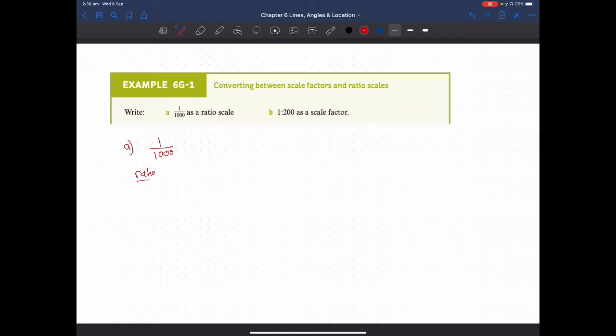So a ratio, that is 1, the number which is on the top line, to 1000, the number that is on the bottom line. Part B gives us a ratio scale of 1 is to 200 and asks us to write it as a scale factor. That is, write it like a fraction. So we have 1, so the 1 is on the top line, over 200, 200 is on the bottom line.